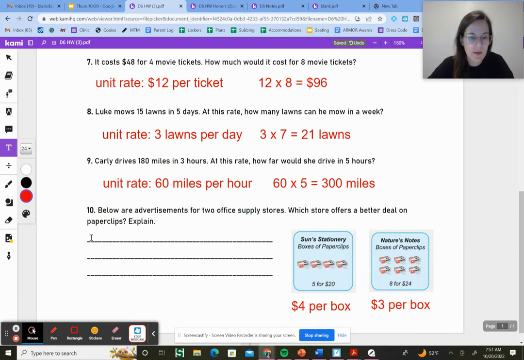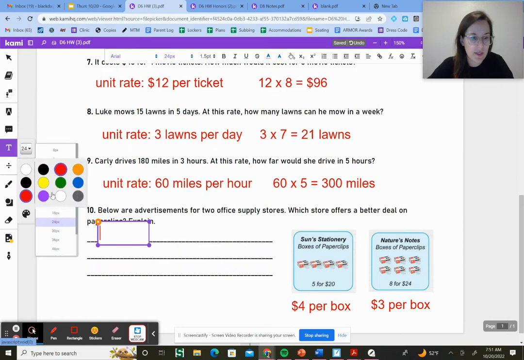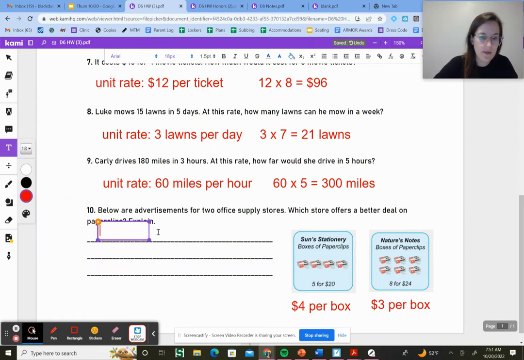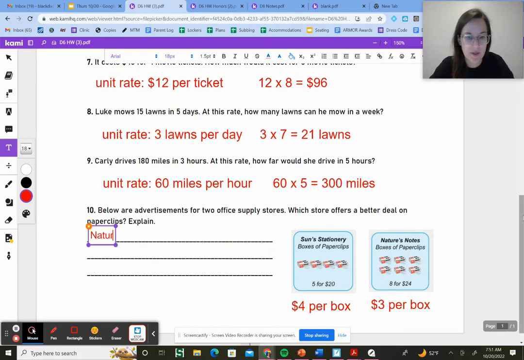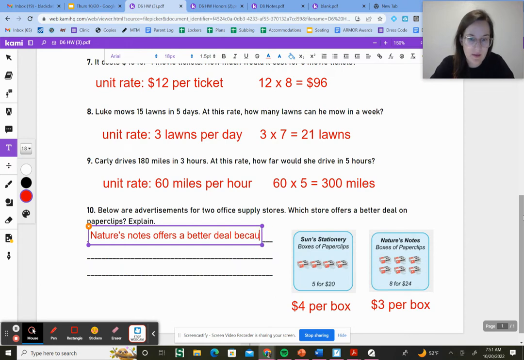So, as long as you explained your answer, and as long as you explained that Nature's Notes was cheaper. So I put Nature's Notes offers a better deal because you only pay $3 per box.